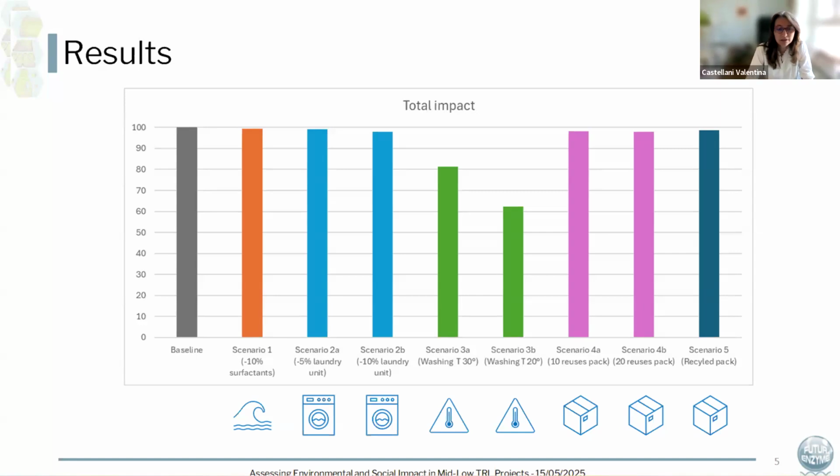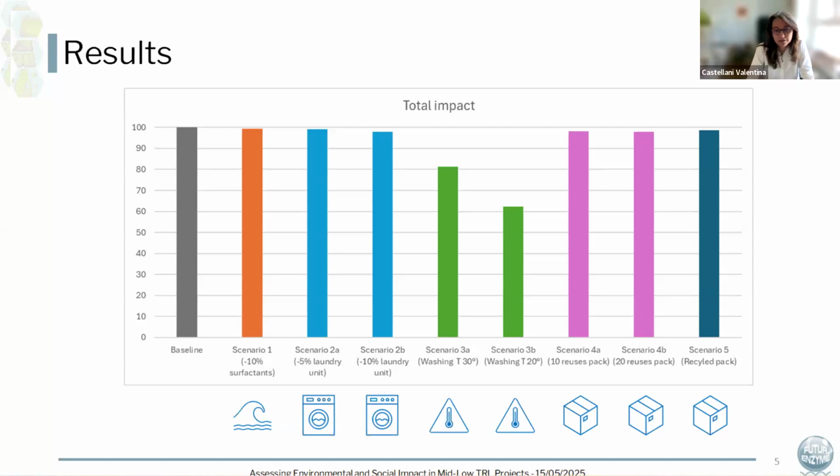Scenario number 4 is again based on the choice experience, and the hypothesis here is having a reusable packaging, a refillable packaging, let's say. So in the case for which you buy the first time the detergent at the supermarket with a normal packaging, and then you can refill the packaging with a plastic pouch, for example.